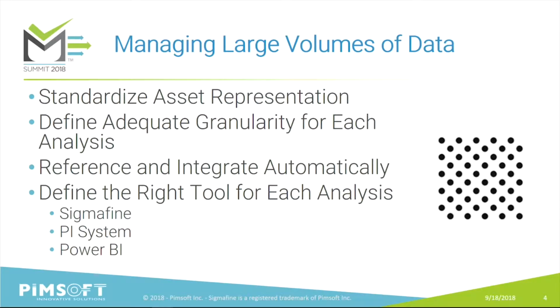In order to manage large volumes of information, we need a good strategy. We need to define the asset model, the attributes, the information, and the way we want to pull them. We also need to define the granularity of our analysis. If we are doing an automated balance, say a fuel efficiency project for a furnace, 20 minutes could be fine.